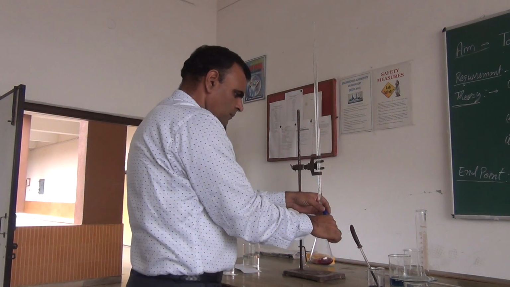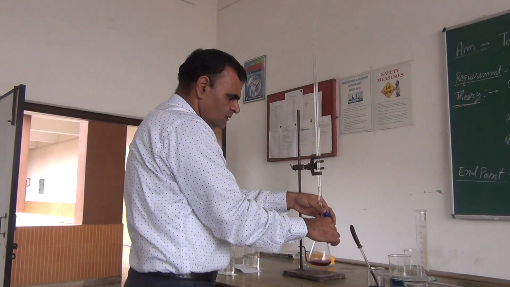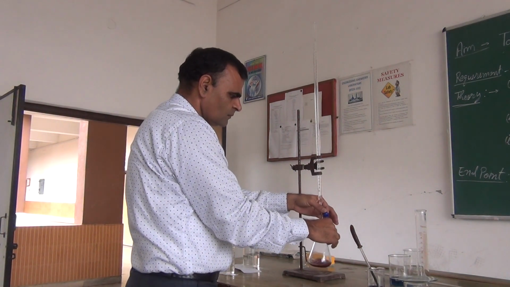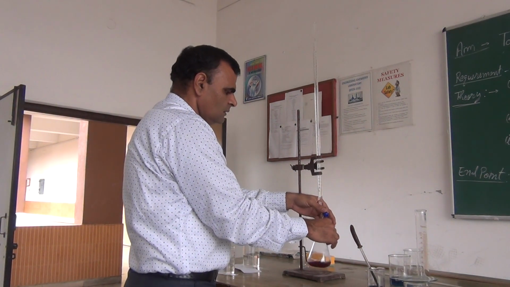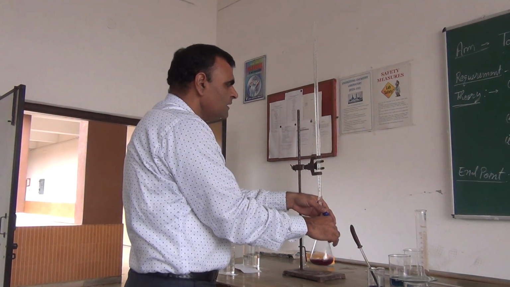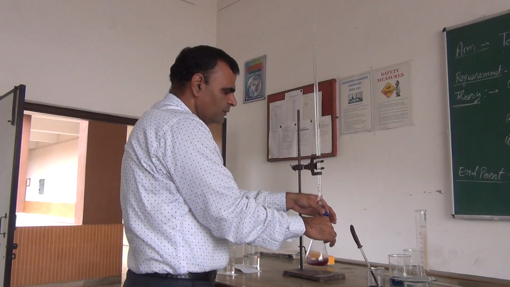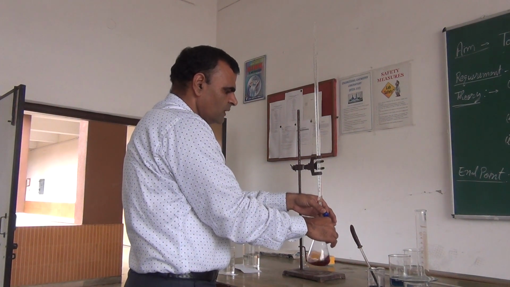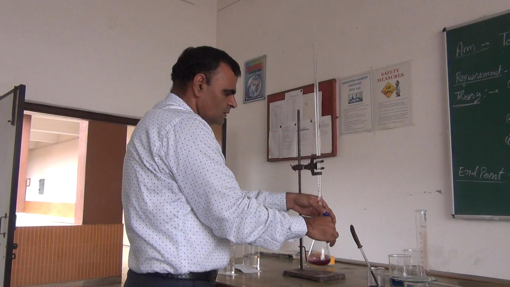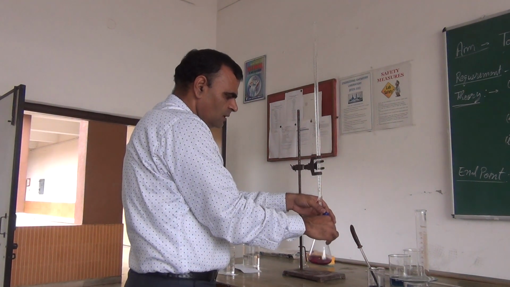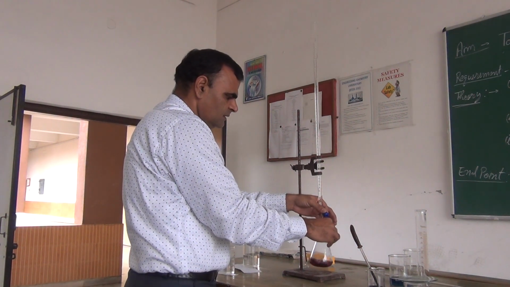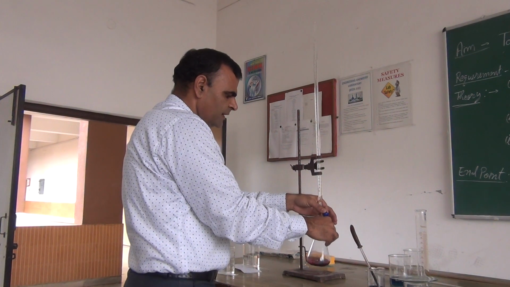Add drop by drop till the end point is reached, and the end point is wine red to blue coloration. Simultaneously shake the flask and add drop by drop.